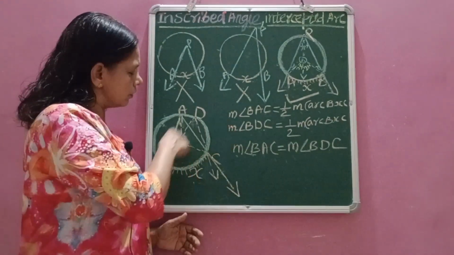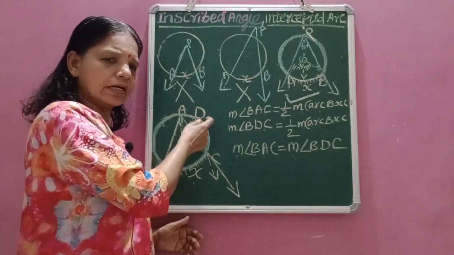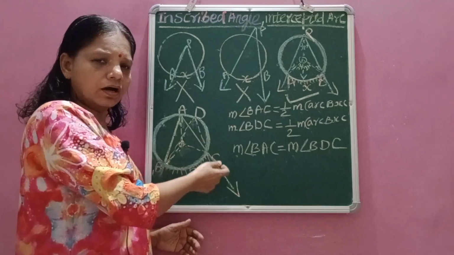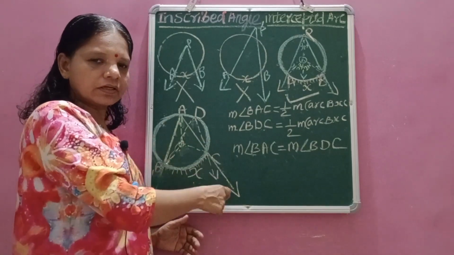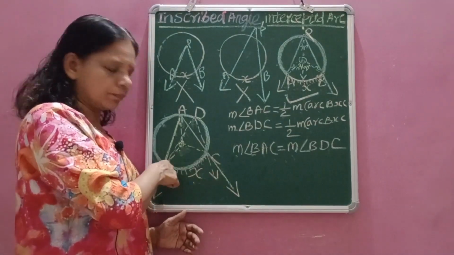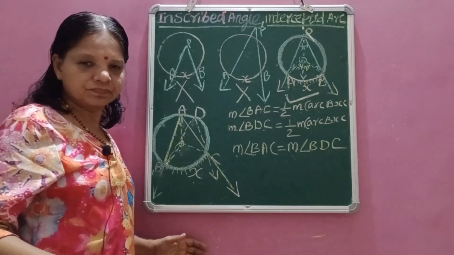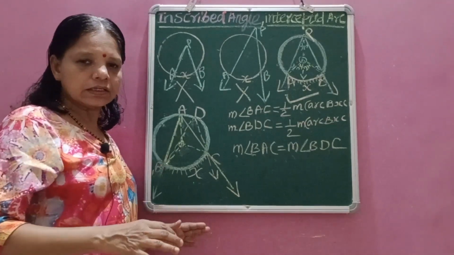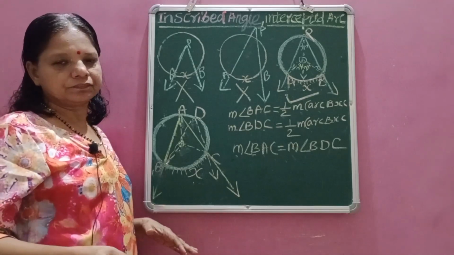That measure is also equal to BAC or BDC. In this way, you take any number of inscribed angles in the same arc, you will get it equal to half the measure of arc BXC. The corresponding intercepted arc is the same for all the inscribed angles in the same arc.